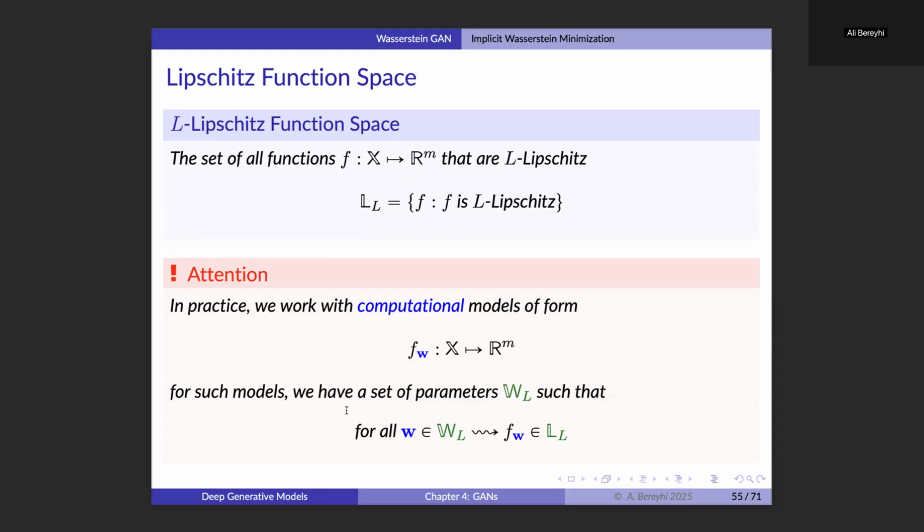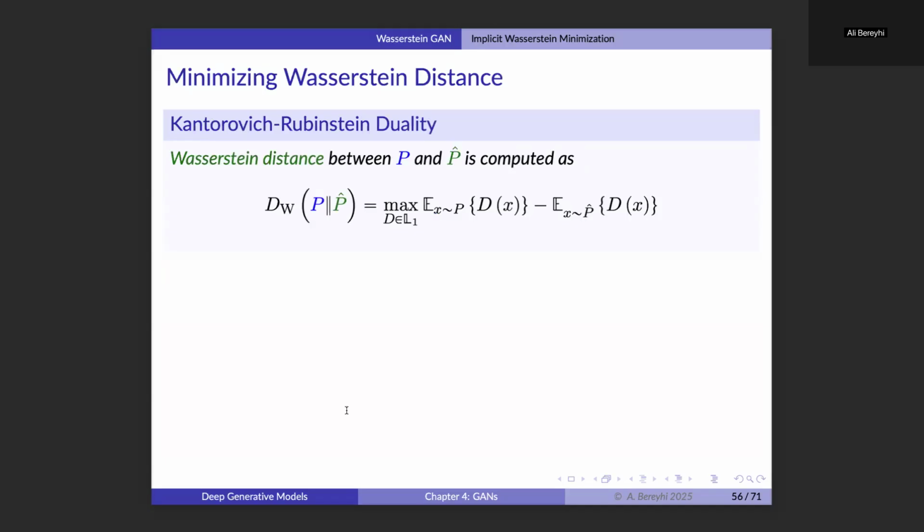Now, the next thing is the Kantorovich-Rubinstein duality itself. This is now easy to define. What we wanted to do was find the Wasserstein distance. And if you remember, this Wasserstein distance was a minimum over all of those coupling distributions, right? But Kantorovich, and I also told this nice story in the lecture, is a quite well-known figure.